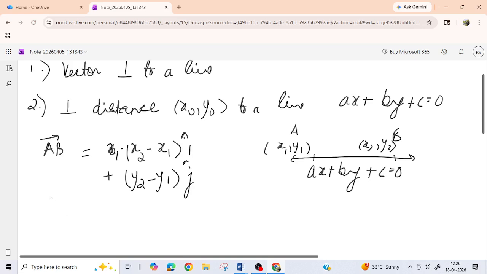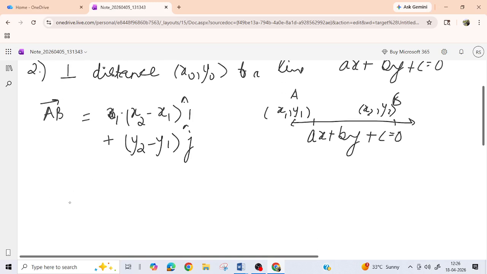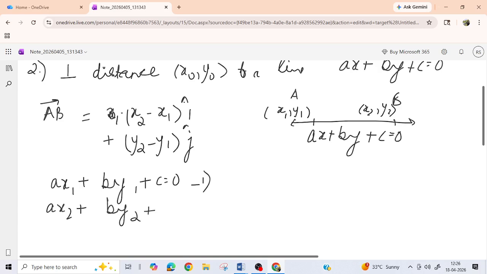Also, we know that because these 2 points are lying on the line ax plus by plus c, we can easily write ax1 plus by1 plus c equal to 0. Let's call this 1, and the other would be ax2 plus by2 plus c equal to 0.